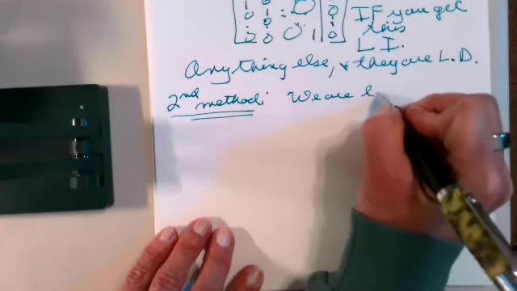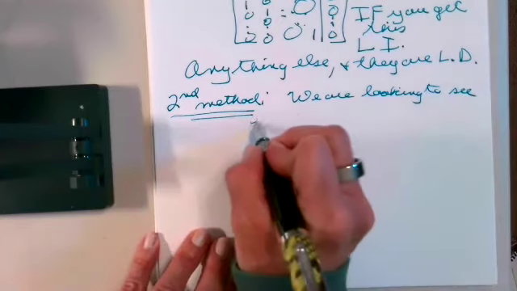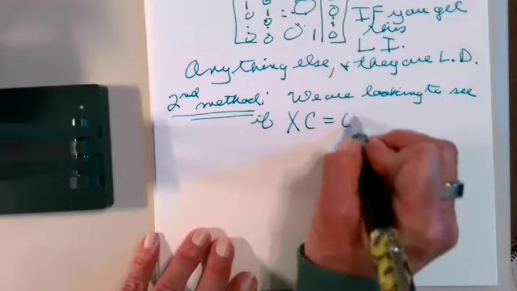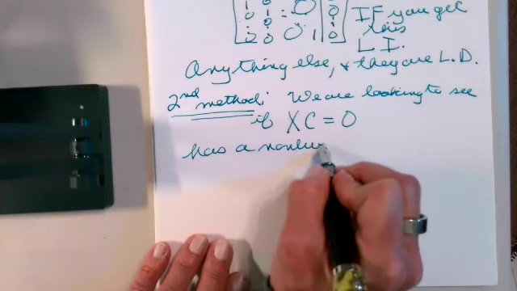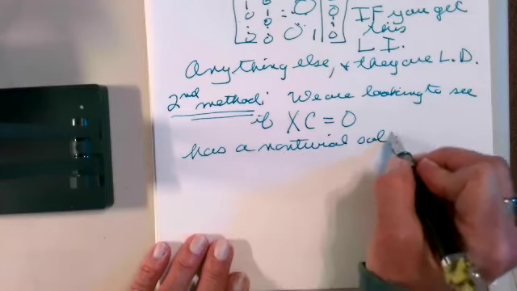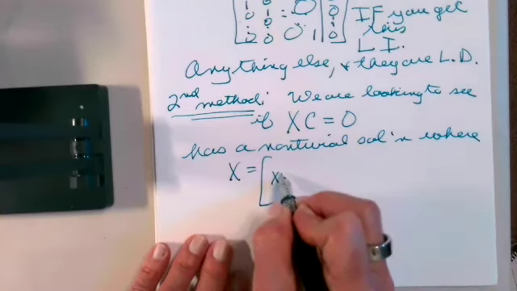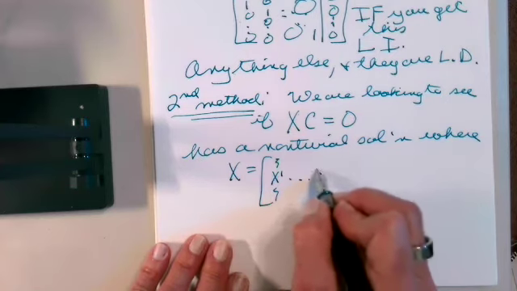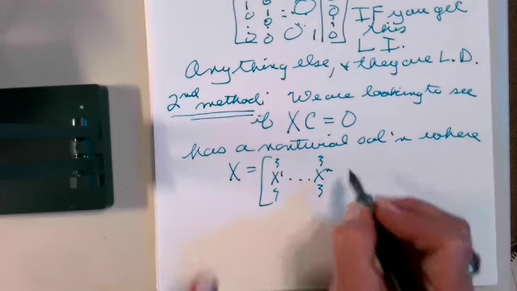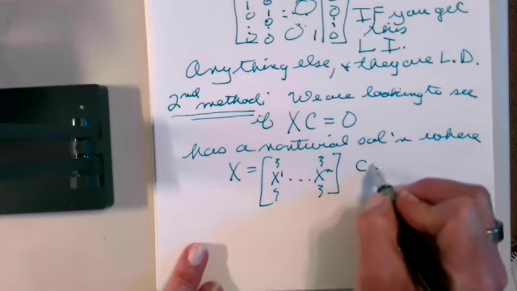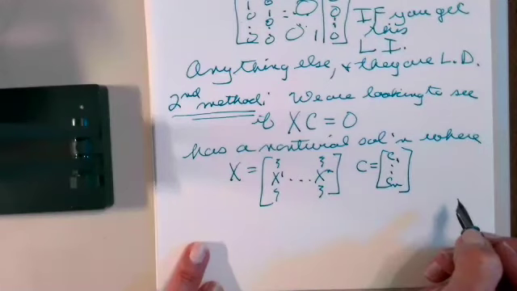We are looking to see if X times C equals 0 has a non-trivial solution, where capital X is the matrix where you take the given column vectors and stick them in as column vectors, C is the matrix of coefficients c_1 up to c_n, and 0 is the zero matrix.